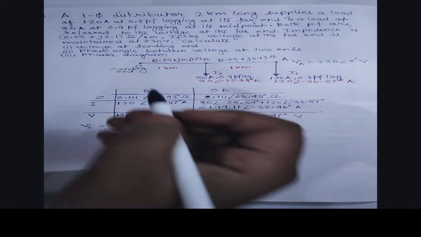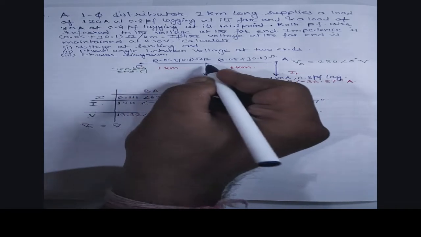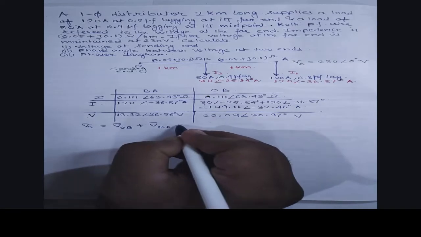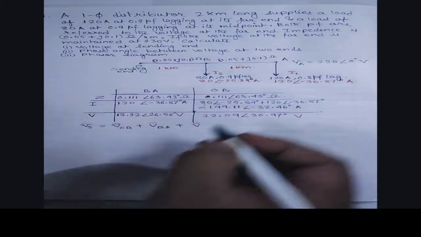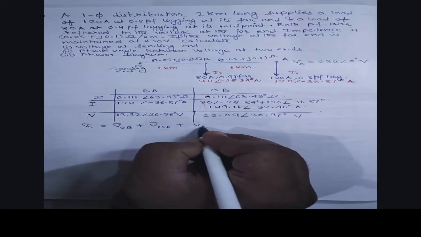Let's name it as Vs, the sending end voltage. This voltage will be the voltage of OB plus voltage of BA plus voltage at this point, that is VA. Okay.